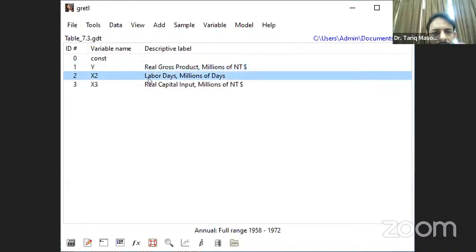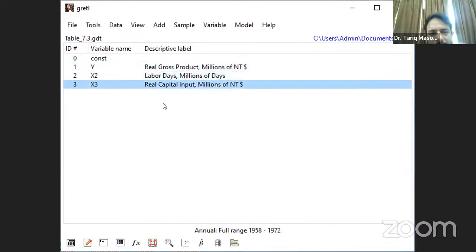X2 is labor and X3 is capital. We know about this production function, that in the production function Y is a dependent variable and labor and capital are independent variables. We know that from economic theory. Now suppose we are trying to estimate the production function. Our purpose is to estimate the production function of this particular country, Taiwan, with the given data.